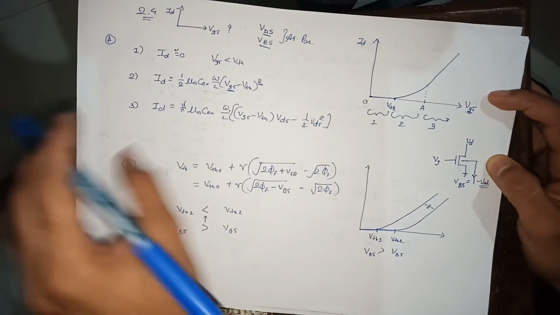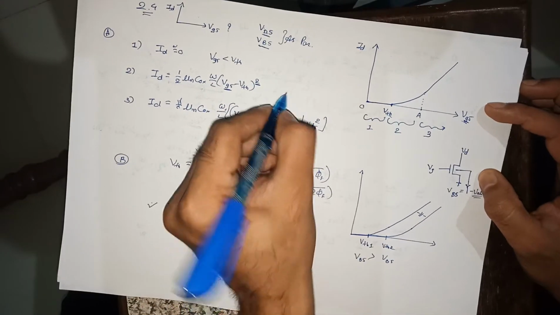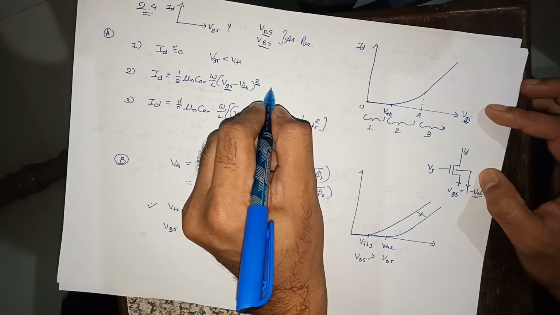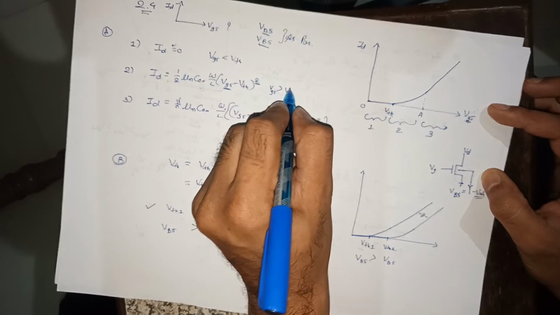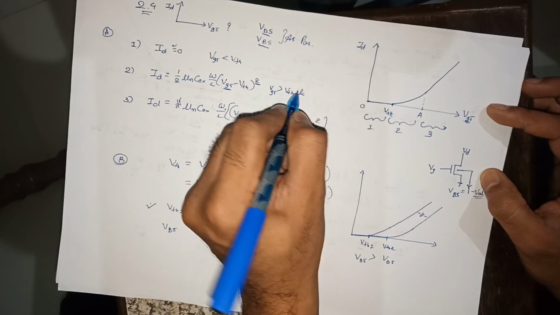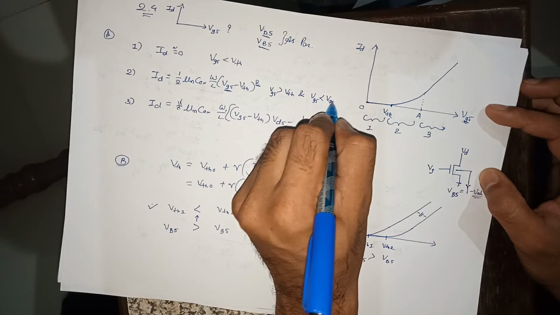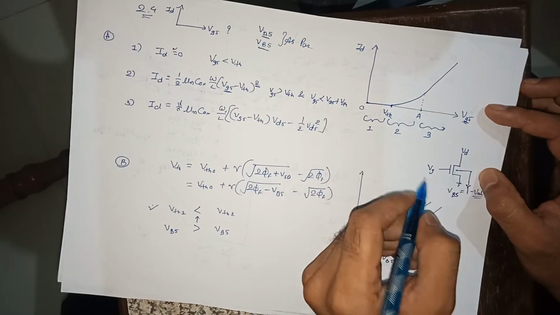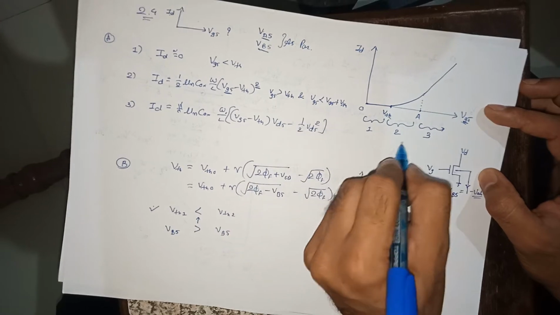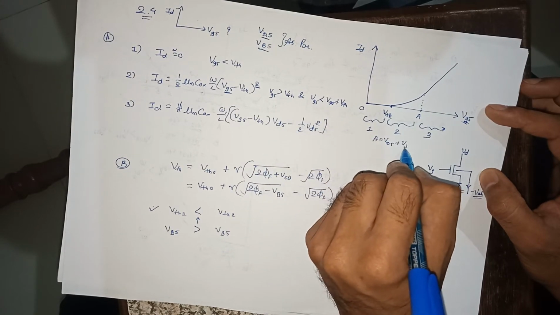The condition in which this MOSFET will be in saturation is VGS should be higher than VTH first of all, and VGS should be lower than VDS plus VTH. This is point A basically, and point A will be VDS plus VTH.